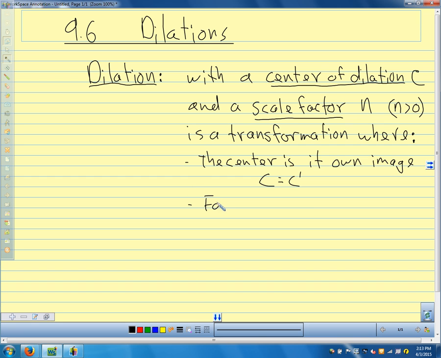For any other point P, the image P prime is on the ray CP. And we'll draw a picture, and this will make a little more sense when we draw our picture.